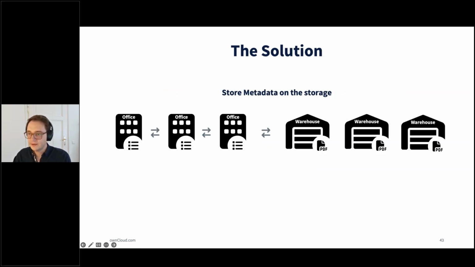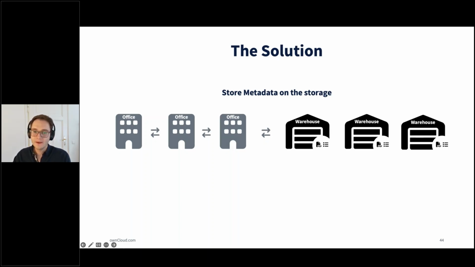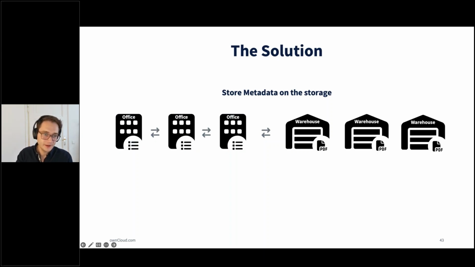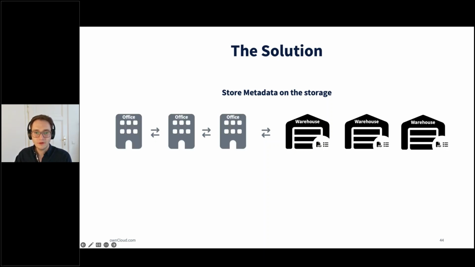So the solution here is to store the metadata on the storage as a single source of truth. By that, you can scale easily without having to take care about a database cluster. As you saw, on the left, you see our office, meaning this was the database. And now we moved all these metadata to the warehouse, and by warehouse, I mean the storage actually.